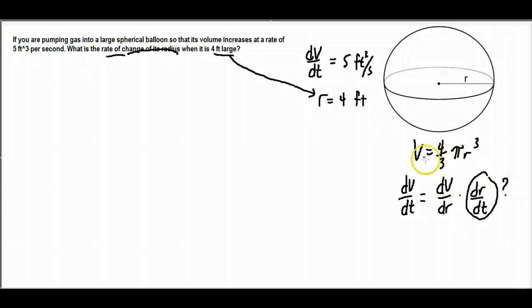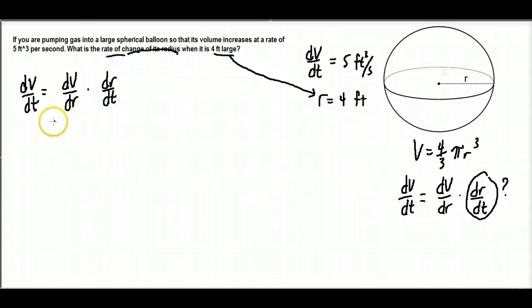So what we're going to do is do implicit differentiation on this particular equation here, and then from that find out what we need. So we come here and we say dV/dt is equal to dV/dr times dr/dt.